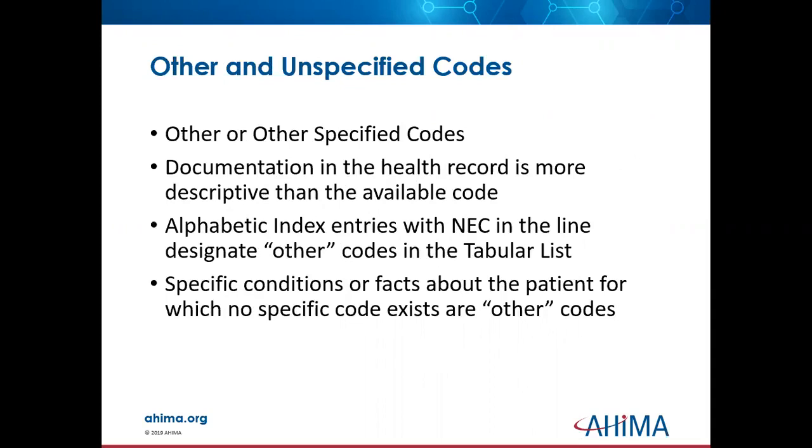In terms of other and unspecified codes, the codes are driven by the documentation that's in the health record, right? So the alphabetic index with not elsewhere classified designates other codes. In other words, it's specific. There's just not a code that matches up with that.